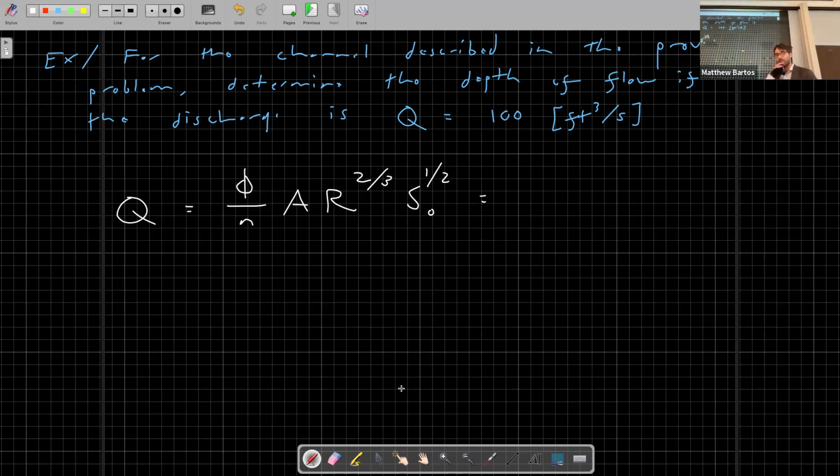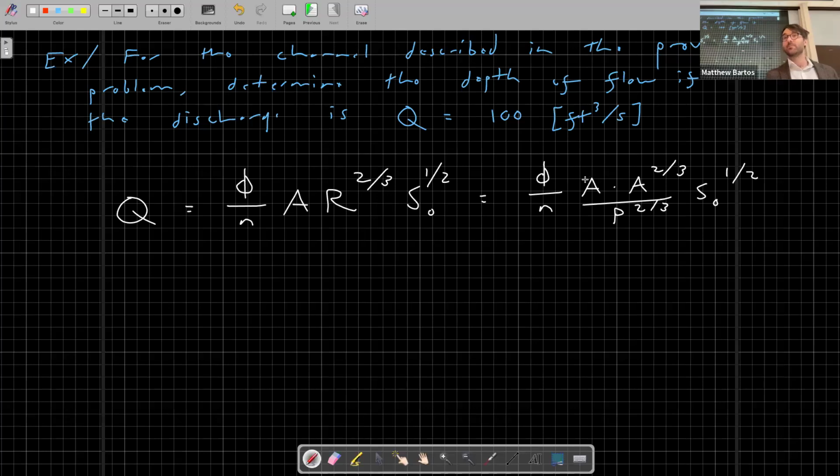For this case, sometimes it's easier to expand this hydraulic radius term. So remember, hydraulic radius is A divided by P. So this becomes phi divided by n times A times A to the 2/3 divided by P to the 2/3 times the bottom slope to the 1/2 power.